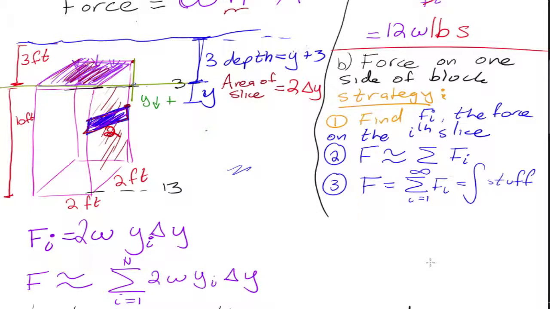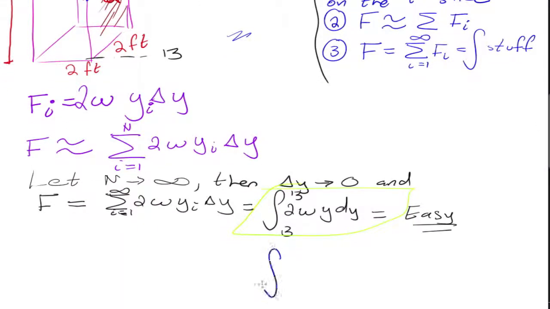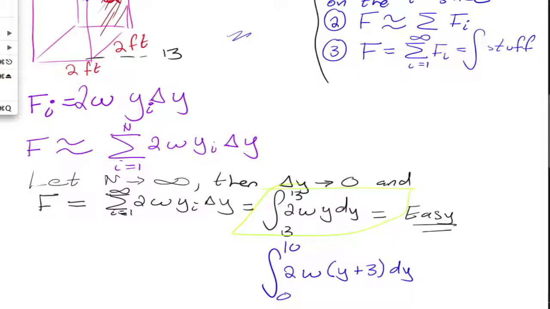So if I were to write this, if I just skip through all the other stuff, this is going to be the same. And then this y, remember, was the depth. So this is going to be y plus 3. But then it's going to go from 0 to 10. And if you compare those two, they're basically exactly the same, right?